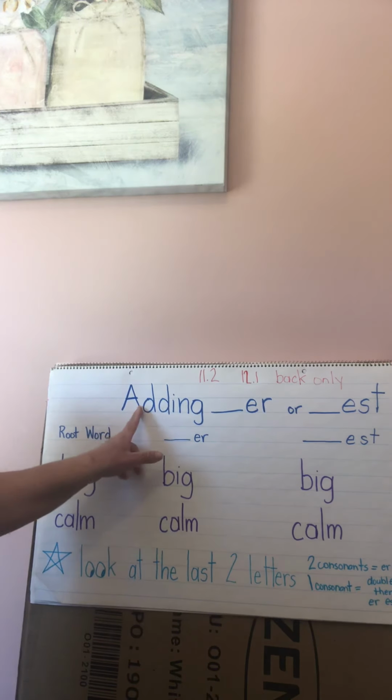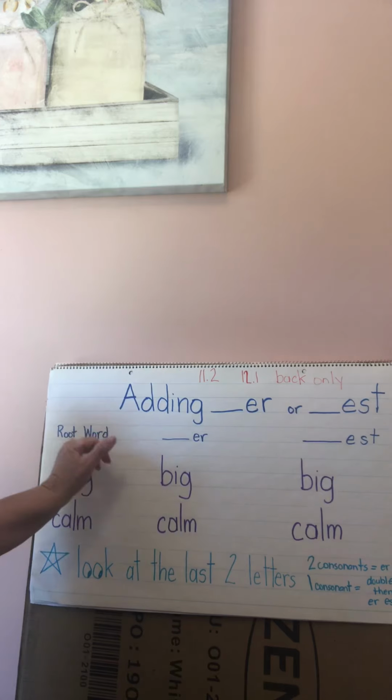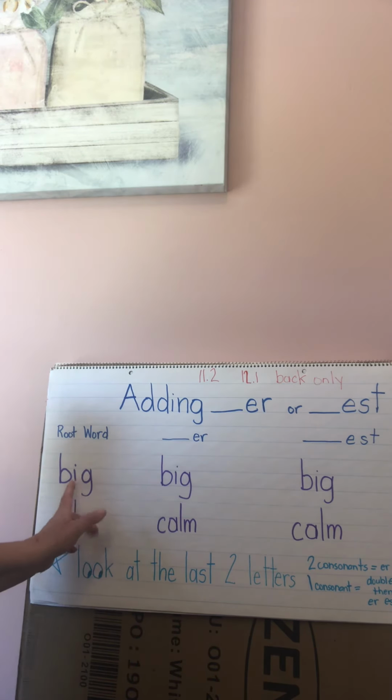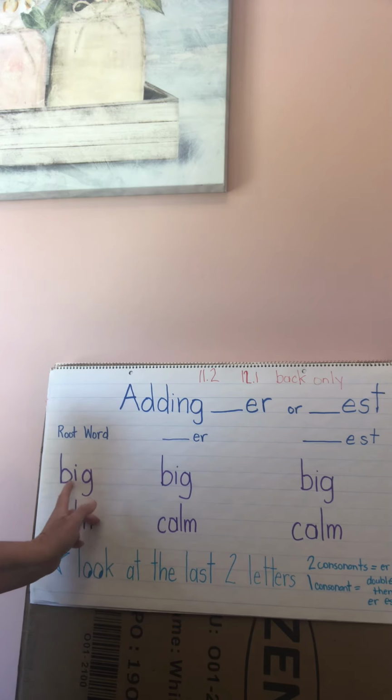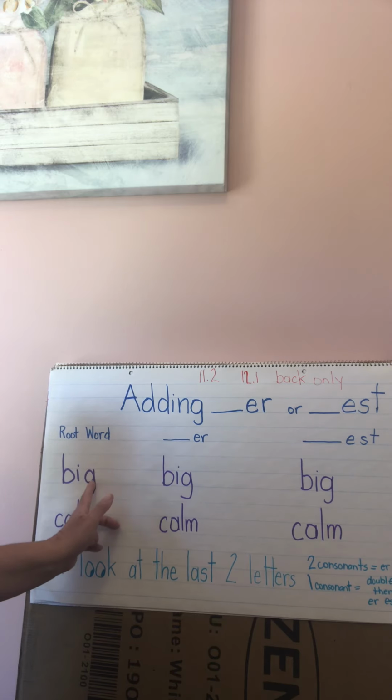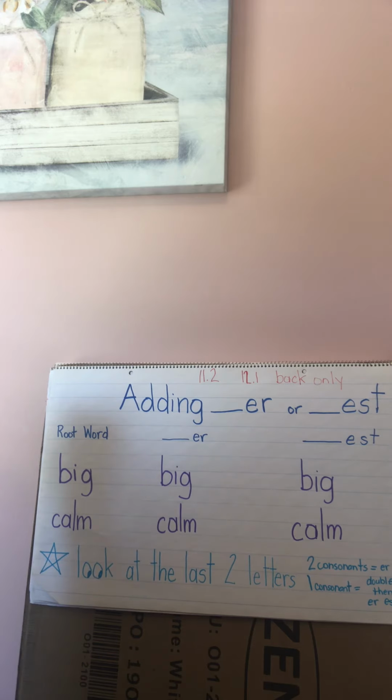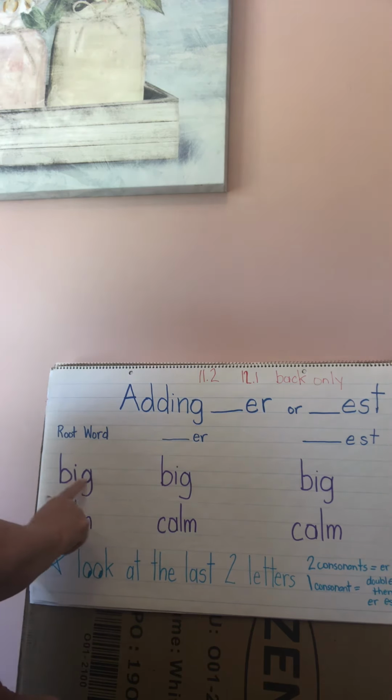If we're going to add ER or EST to a root word, the first thing we have to do is look at the last 2 letters of the word. If I look at this word big, B-I-G, the last 2 letters are I and G. Since there are not 2 consonants at the end, I have 1 vowel and 1 consonant. I need 2 consonants.